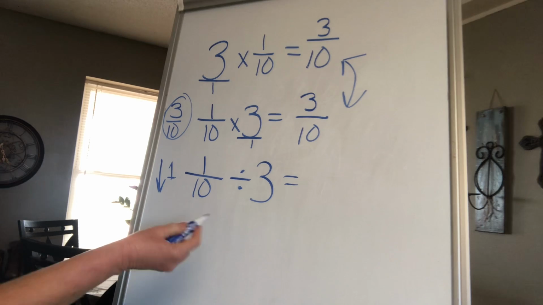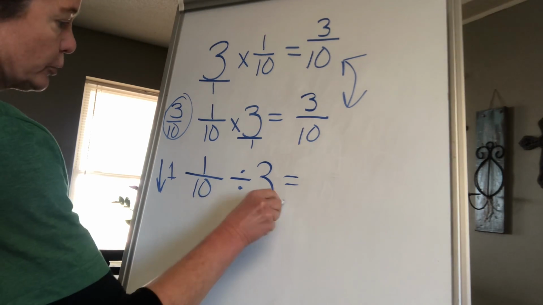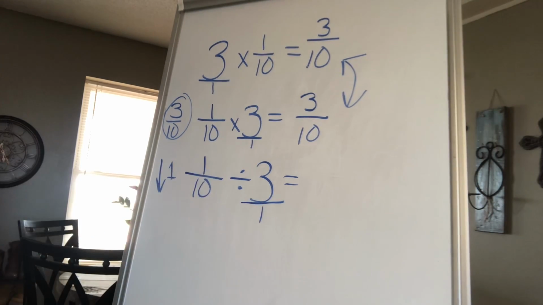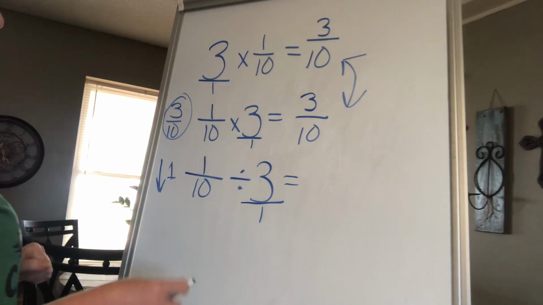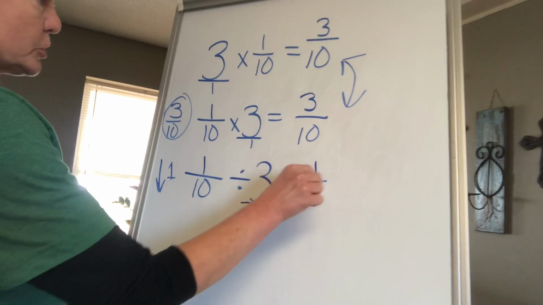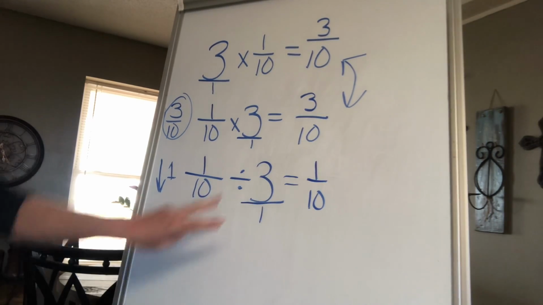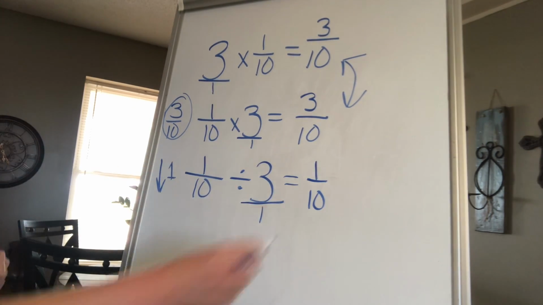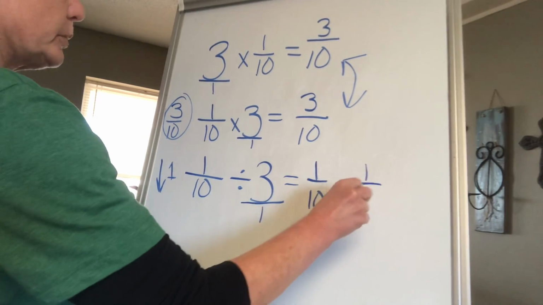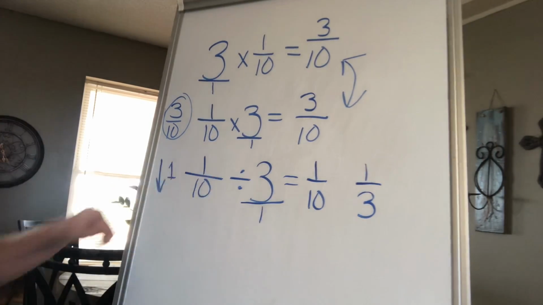And then let's just do what we know to do when we're dividing with a fraction. Our whole number always goes over 1. And when we're dividing fractions, we slide the first one over, we flip or get the reciprocal of the second, which would be 1/3, and then we multiply.